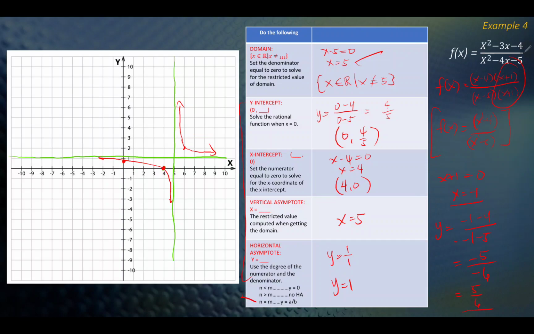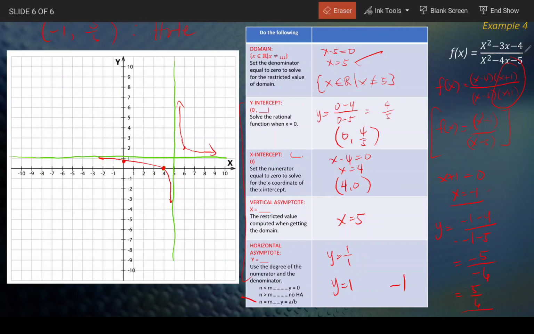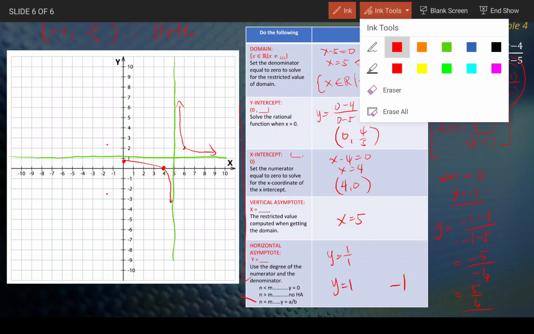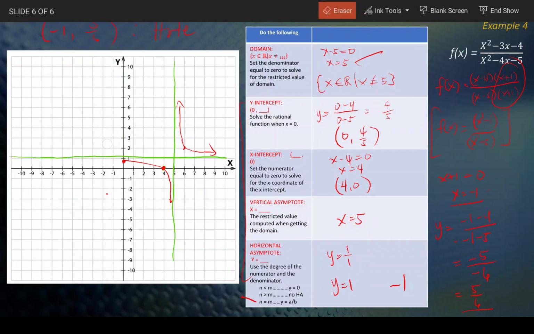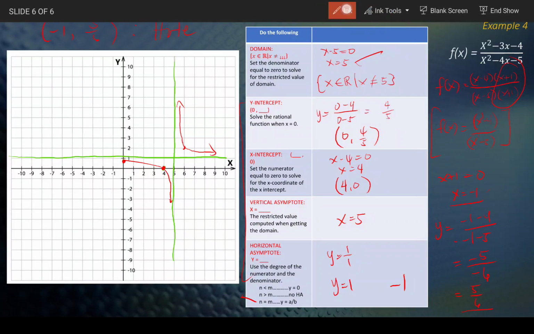So, at point negative 1, 5 over 6, we have this what we call a hole of the graph. Ibig sabihin, dun sa negative 1, kailangan natin gumawa ng hole dun sa graph na dinaanan niya. Gawa tayo ng hole dyan.